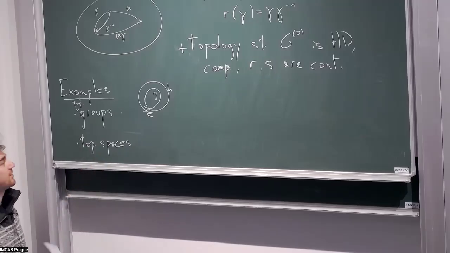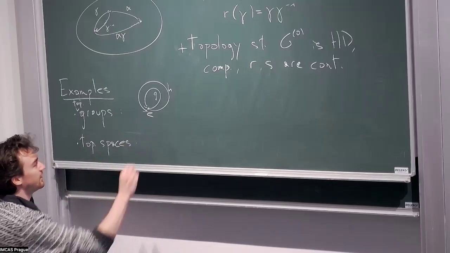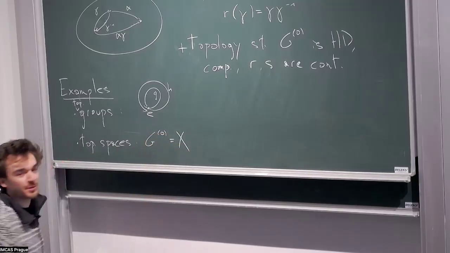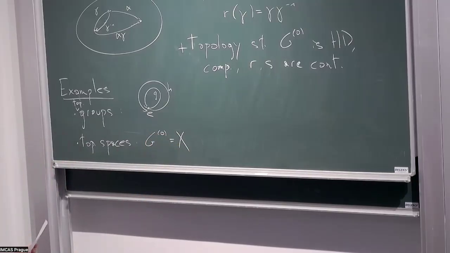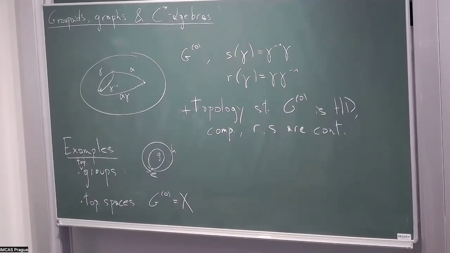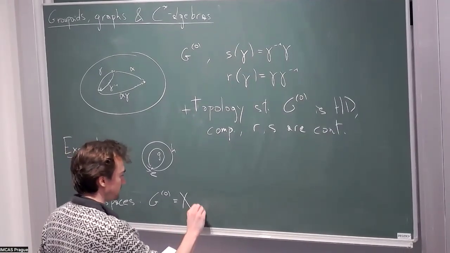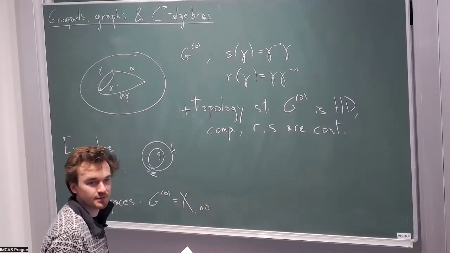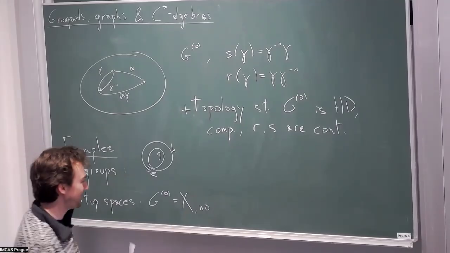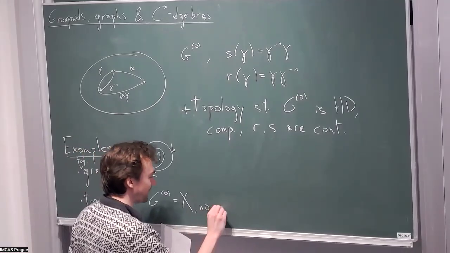In the following sense, the unit space is just the topological space itself, and there are no arrows anywhere. You need an arrow above each point. Yes, exactly. No non-trivial arrows, let's say.